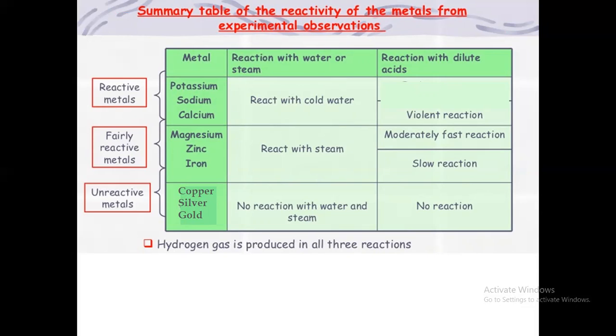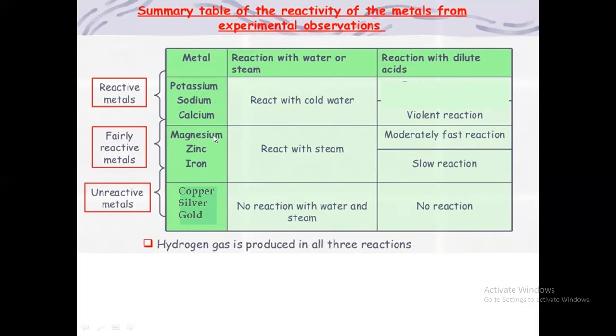What is dilute acid? Dilute acid is that in which a large amount of water is mixed in an acid, right? So even in dilute acid, potassium, sodium and calcium show violent reaction. But if you see over here, magnesium, zinc and iron are fairly reactive metals.